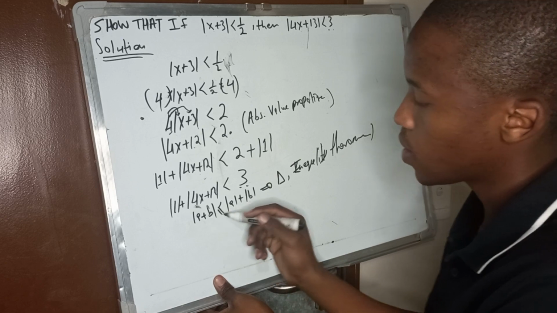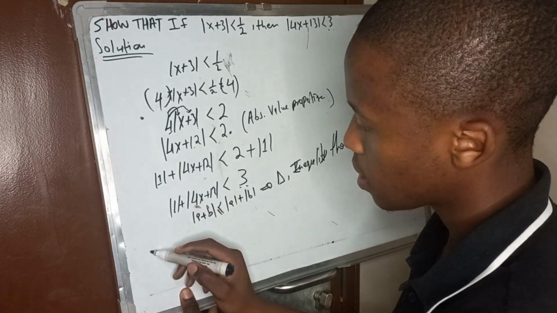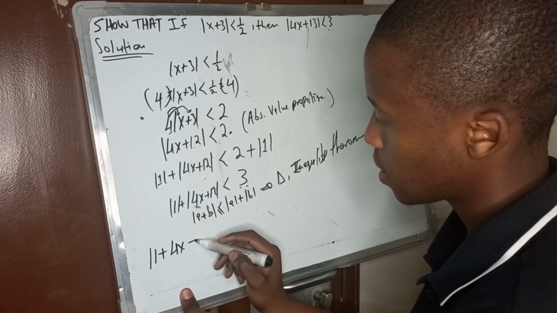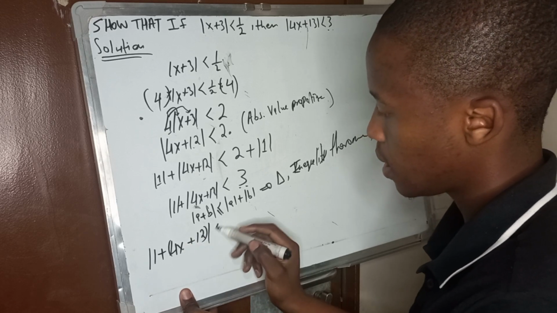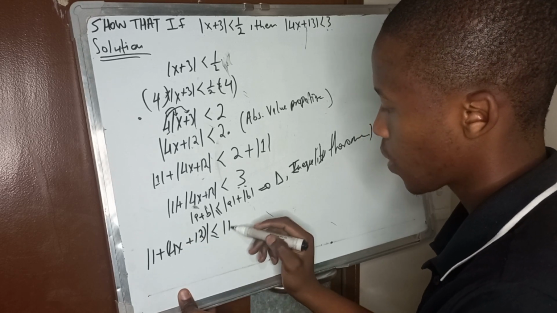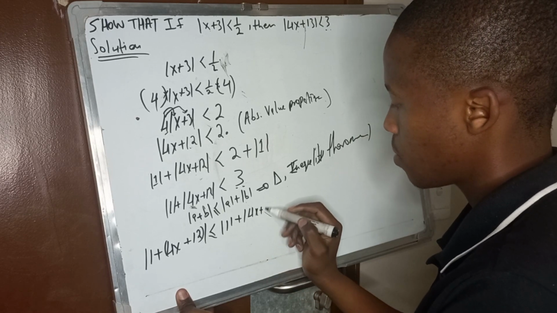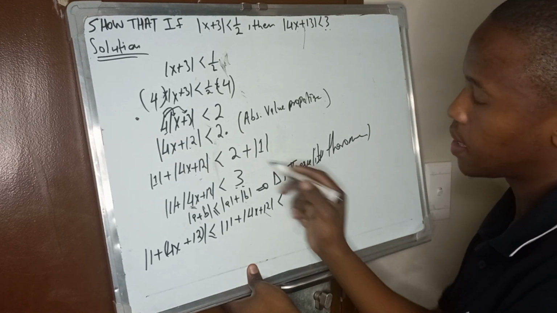So now, if this is the case, that means the absolute value of 1 plus 4x plus 12 is less than or equal to the absolute value of 1 plus the absolute value of 4x plus 12, which is less than 3.